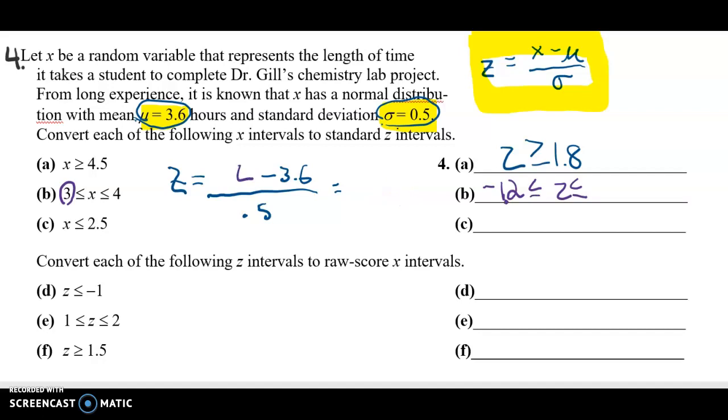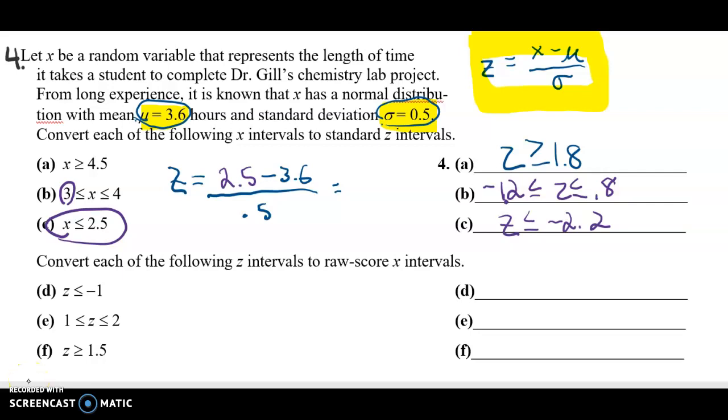So now I'll put 4 in. The Z-score associated with X equals 4 is 0.8. So for part B, we get Z is between negative 1.2 and positive 0.8. You try converting X is less than or equal to 2.5 into a Z-score. You'll get Z is less than or equal to negative 2.2.